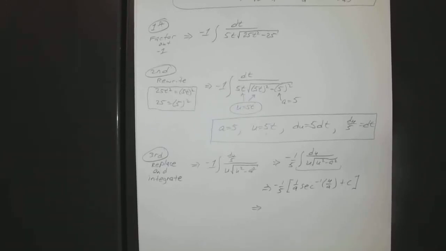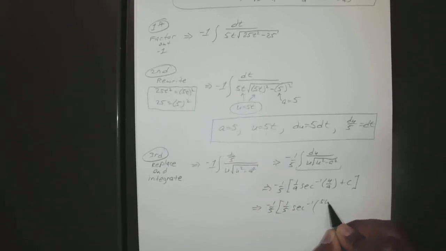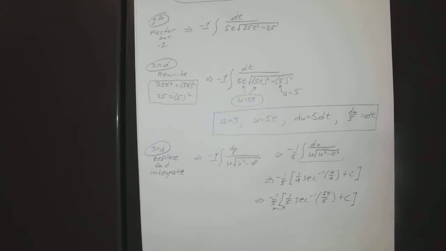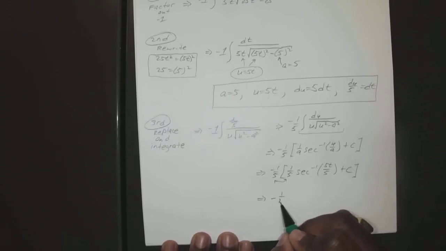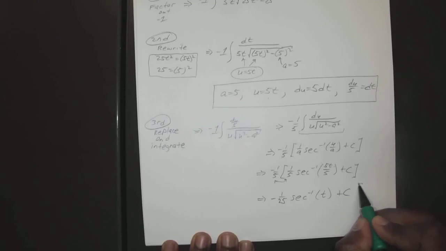And once we replace our u and a's, we have -1/5 times 1 over a, so that's 1 over 5, secant inverse of u over a, so it's 5t over 5, plus c. And just go ahead and multiply those two. So you have -1 over 25 secant inverse, 5t divided by 5 is just t, plus c.